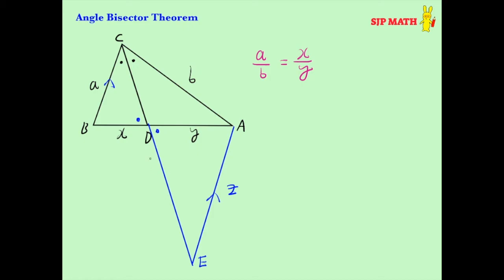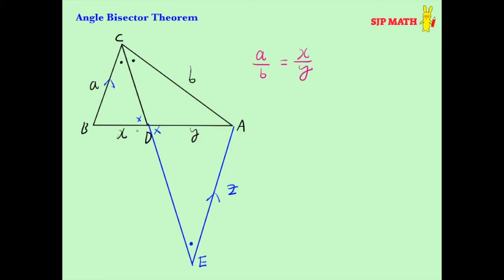So angle BCE, this dot, is equal to the angle AEC. So let's mark that there. Oh wait a sec. Let's mark these angles, they aren't equal to these angles. So we're going to put them as different symbols. Yeah, sorry about that.